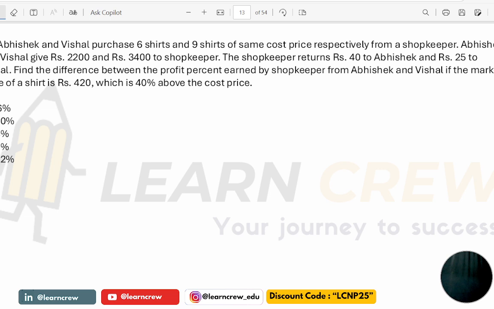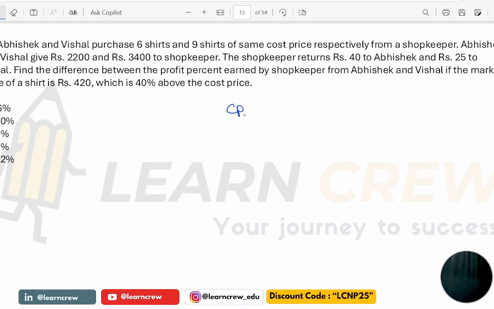Find the difference between the profit percentage earned by the shopkeeper from Abhishek and Vishal if the market price of the shirt is 420 rupees, which is 40% above the cost price. So see here, 140 percent of cost price is 420.